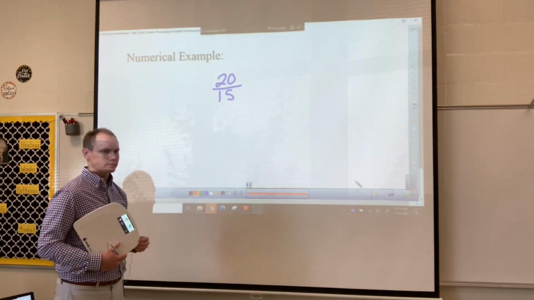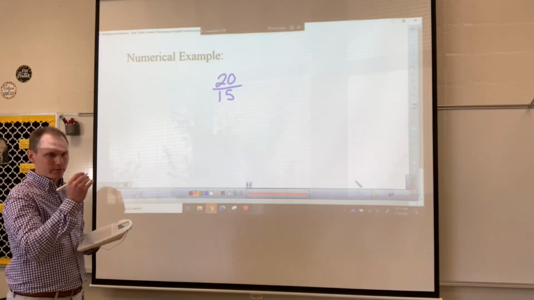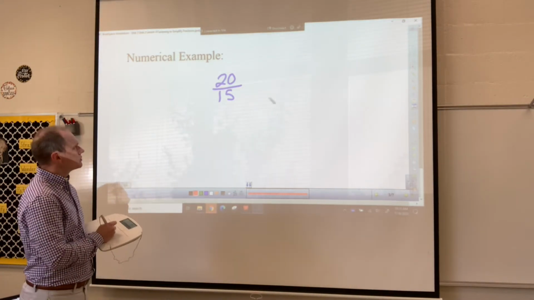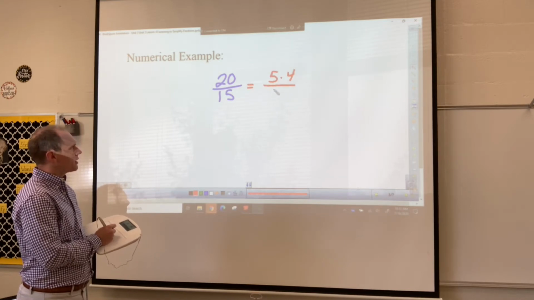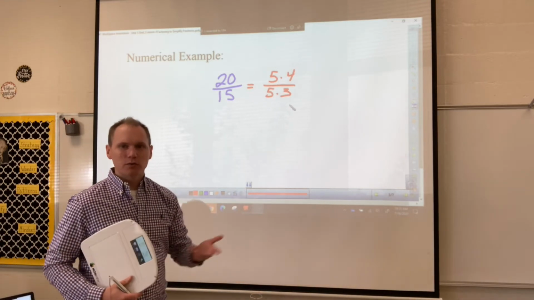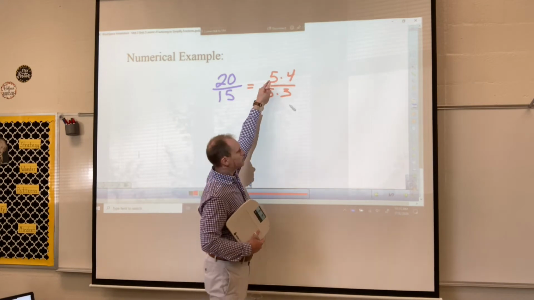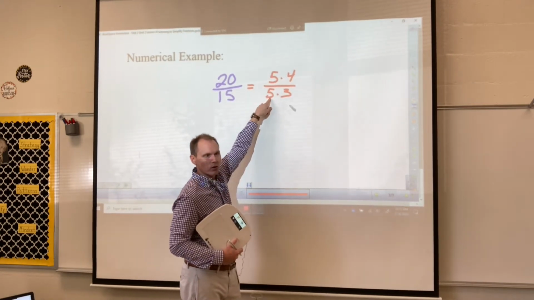Yes? I just divide it all by 5. Okay. So thinking about 5 being a factor of both of those, let's rewrite this first as 5 times 4 divided by 5 times 3. Since we have a fraction with a common factor in both the numerator and denominator, what's 5 divided by 5? 1.